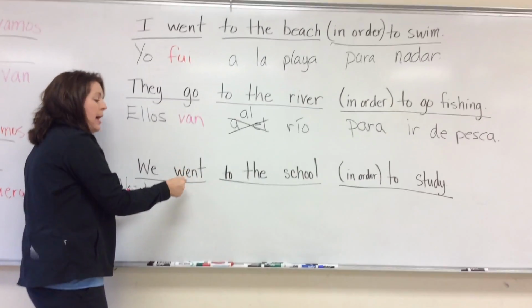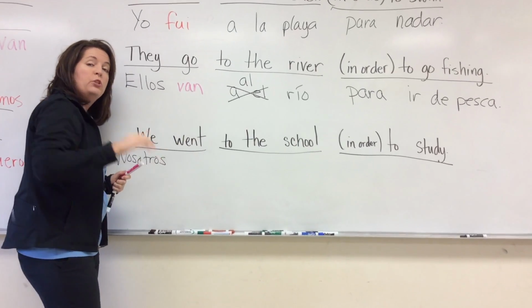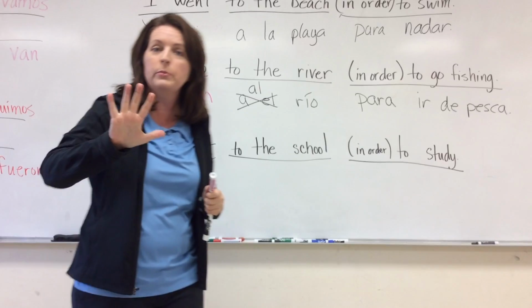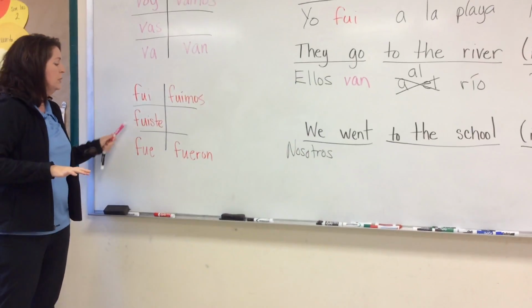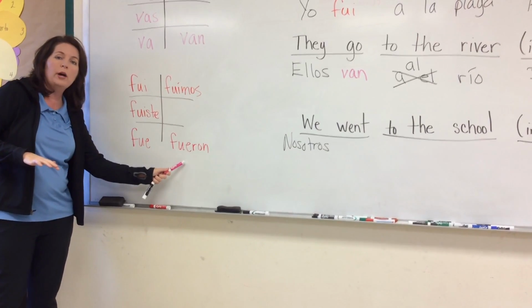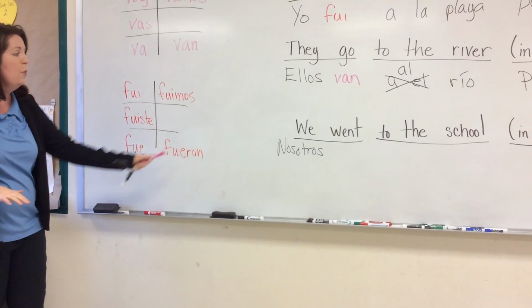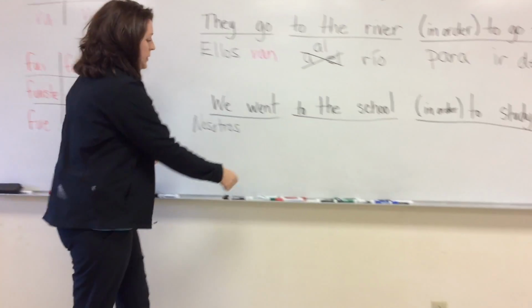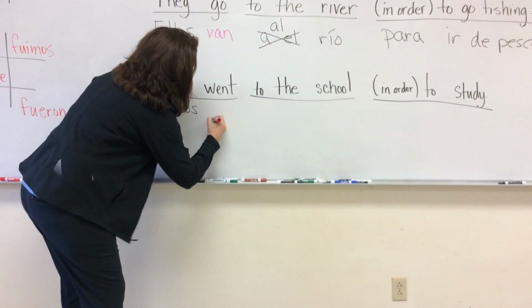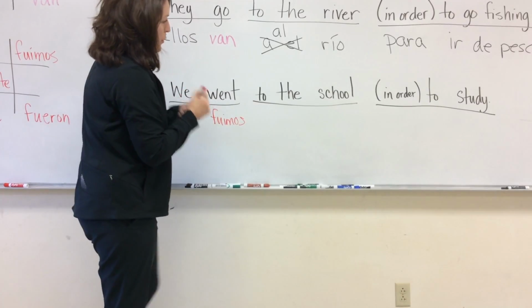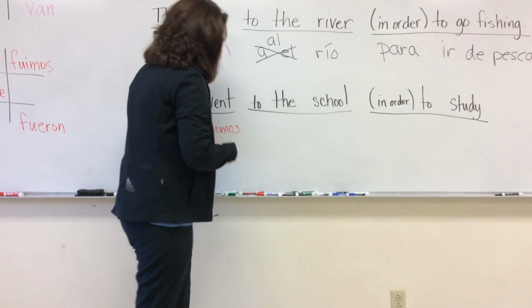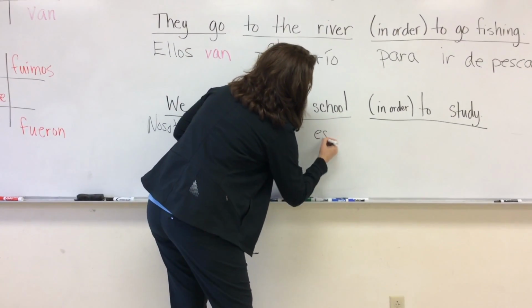Red. Now, as soon as you think went and red, I want you to go through the 5 forms of went. Here they are again. Fui, fuiste, fue, fuimos, fueron. Choose the one for we and put that down there. Nosotros fuimos. Boom. Escuela. So let's put escuela.